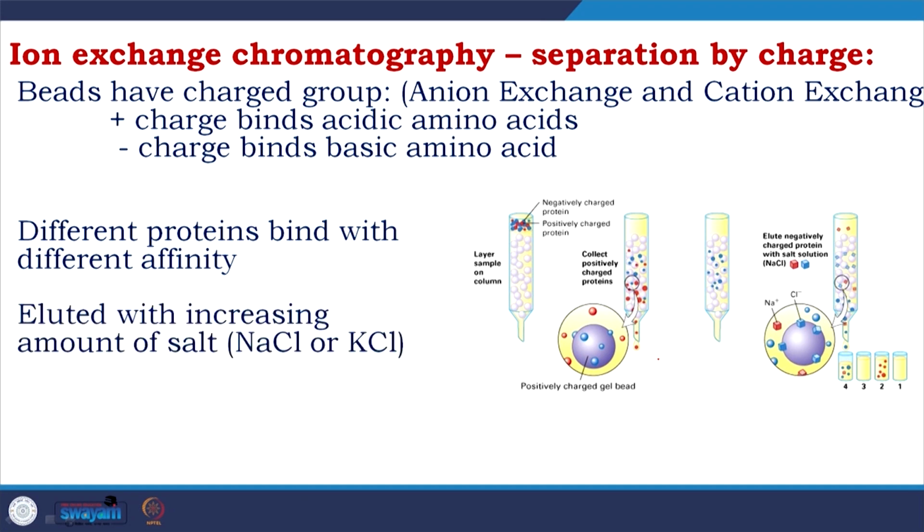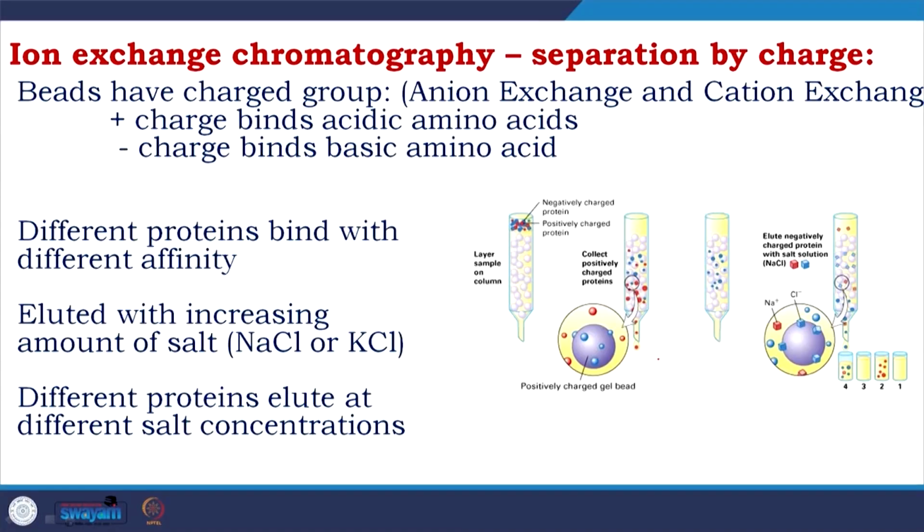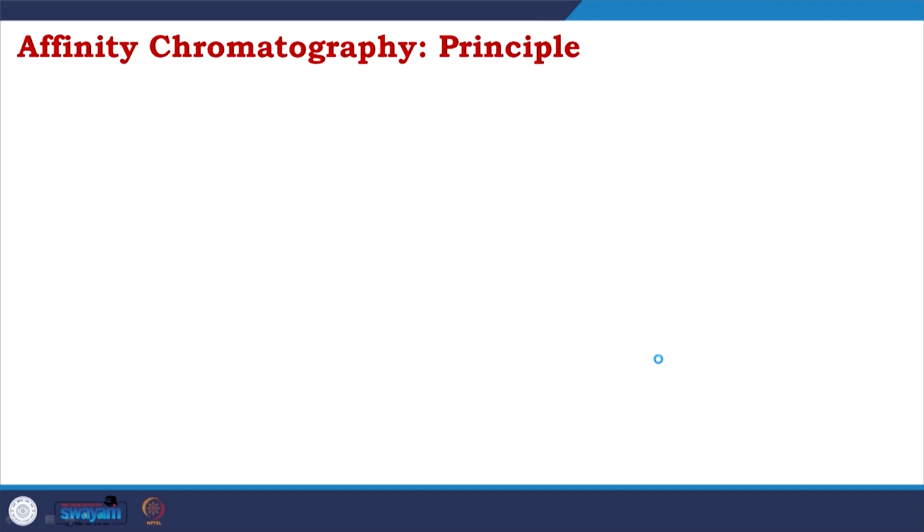Eluted with increasing amount of salt. Once the protein binds there, then more charges are given, so they come out. Different proteins elute at different salt concentrations and that is how they are differentiated.